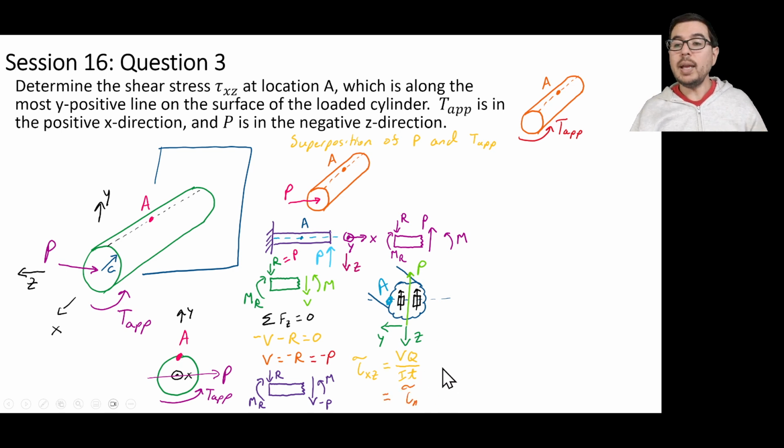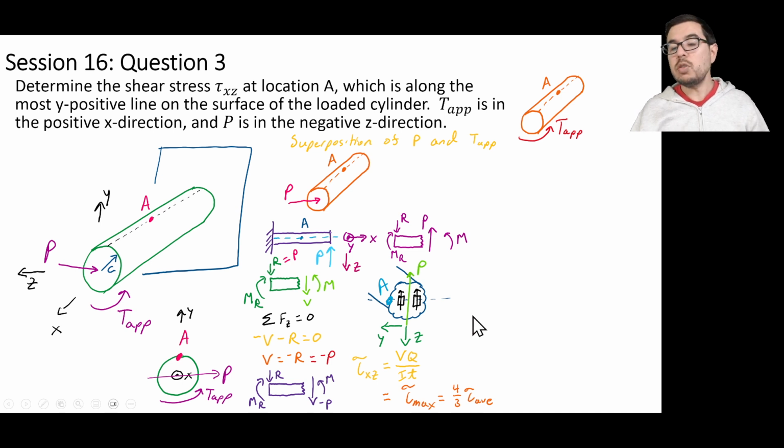We can go back to an expression that we derived for a cylindrical, or circular cross-section, for a cylindrical beam. We can say that the maximum transverse shear stress is 4/3 times the average shear stress. If this were a rectangular cross-section, which it's not, then we could say that it's 3/2 times the average shear stress.